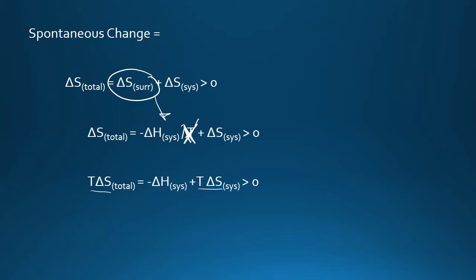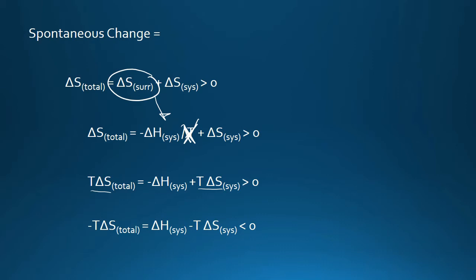Now, the reason we have the negative delta H is that when we look at free energy, we always associate free energy with a negative value. So when we finish manipulating it, we take the inverse of everything. Now we have negative T delta S total equals delta H of your system minus T delta S, and that value is going to be less than 0.